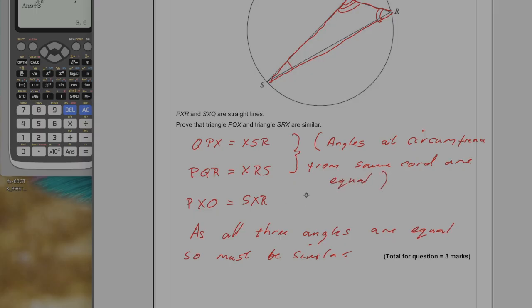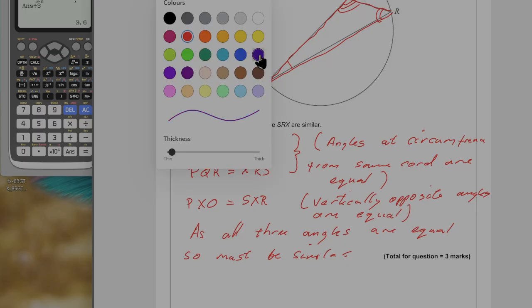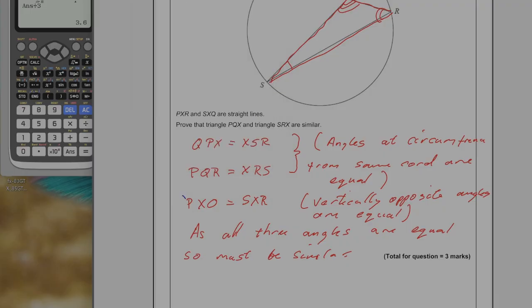And then this reason is vertically opposite angles are equal. Okay, I'm just going to add a bit of color just to clear that up. So this is the same reason, and then this is my second reason, and then that's my summary.